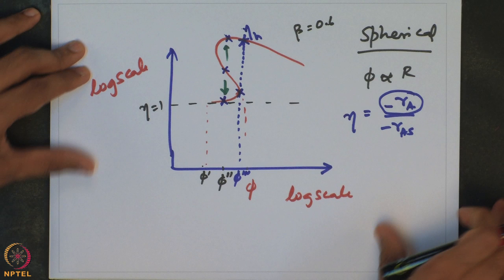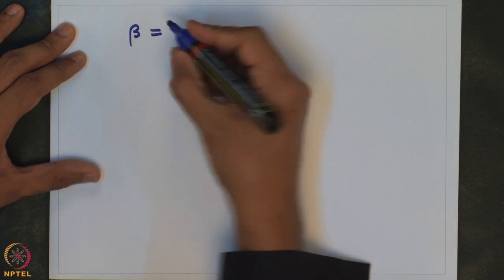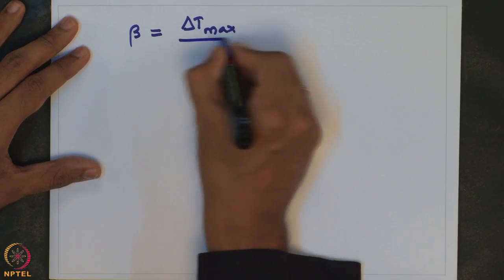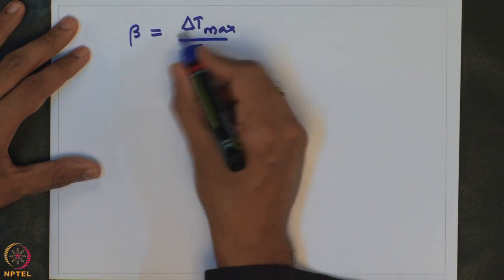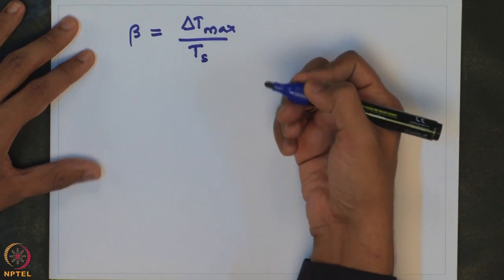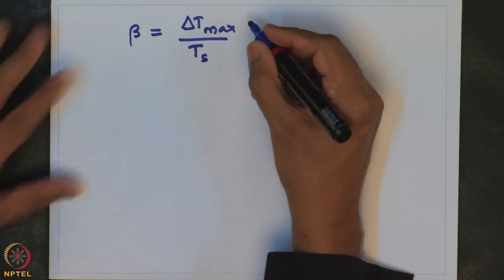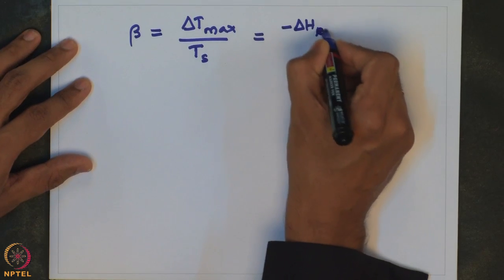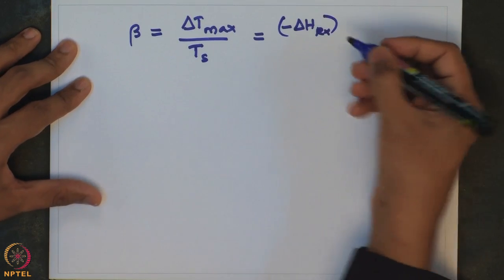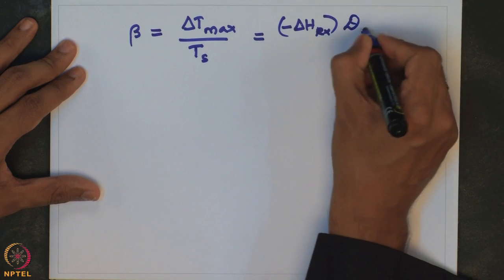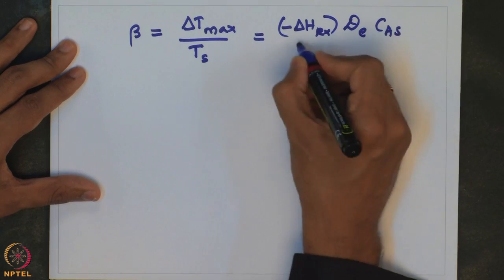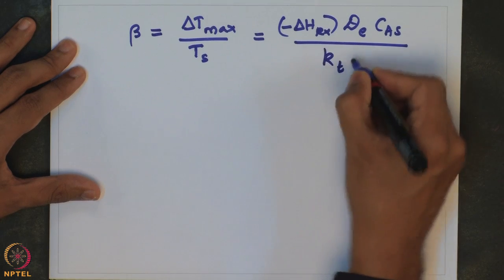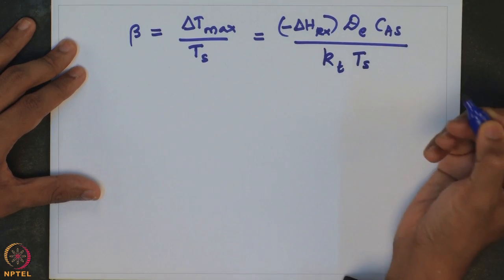So, let us look at some examples of what could be the value of this dimensionless parameter called beta, which is the ratio of the maximum temperature difference divided by the surface temperature, and that is given by minus delta H reaction, the heat liberated due to reaction, multiplied by the effective diffusivity into the concentration of the species at the surface, divided by the conductivity into Ts.